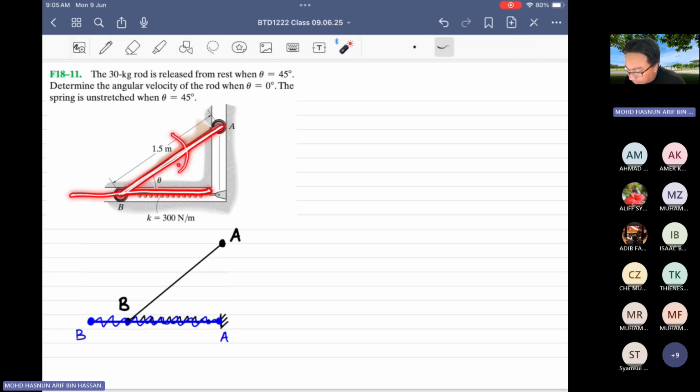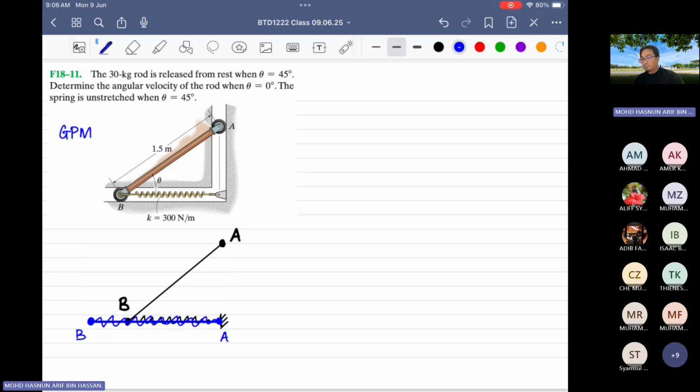So there is rotation involved, and also point B is translating to this new position of point B. Point A is translating to the new position of point A here. So A and B are translating, but the rod itself has rotation, from the rod being at 45 degrees to rotating to the horizontal position. So this is general plane motion. This is a GPM problem.